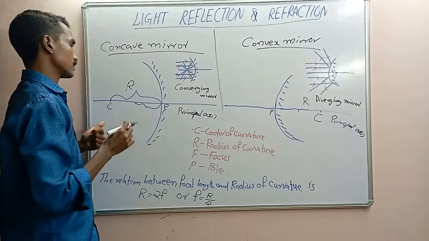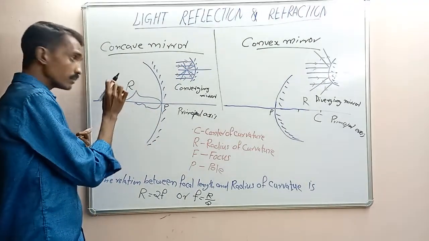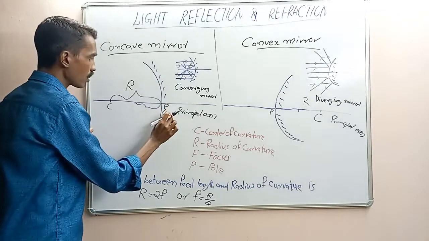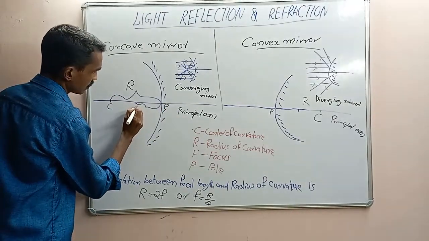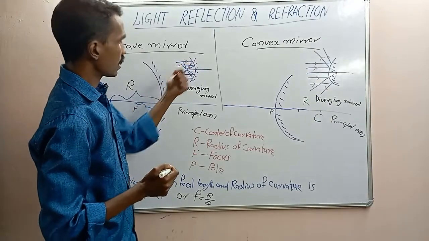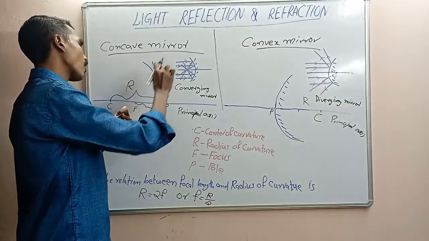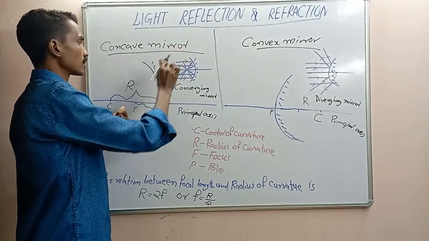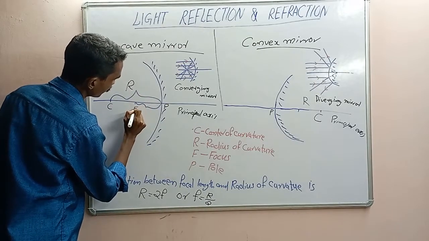Next, in the middle between the pole and the center of curvature, there is a point where all the converging reflected rays meet in a particular point.